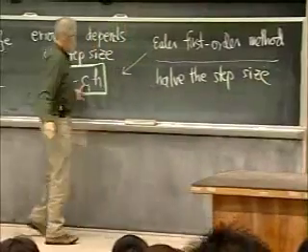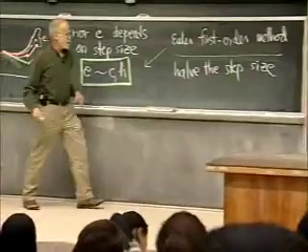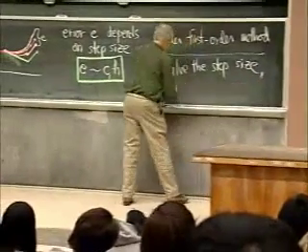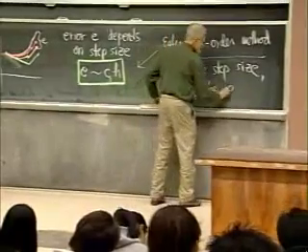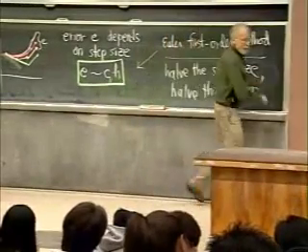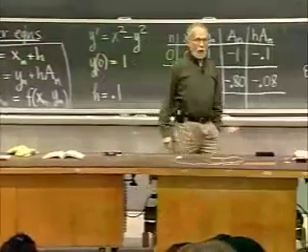Since this is a constant, if I halve the step size, I halve the error, approximately. Halve the step size, halve the error. That tells you how the error varies with step size for Euler's method.